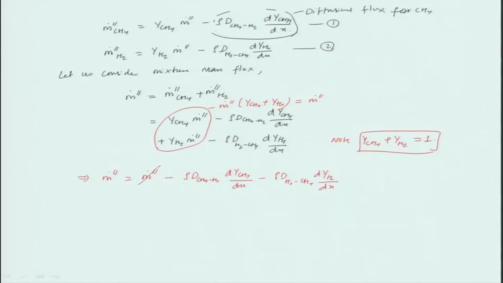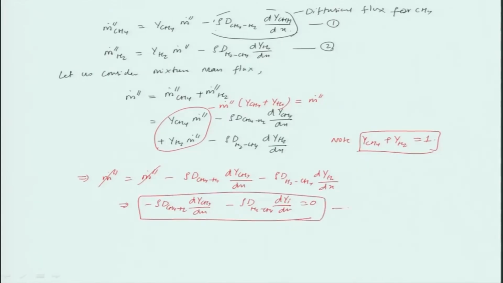So, this will cancel out, right? Yes or no? That means this total diffusional term, the total mass diffusional term, is 0. That means I can write rho D_CH4-H2 dY_CH4/dx minus rho D_H2-CH4 dY_H2/dx is equal to 0, and this is for binary mixtures.